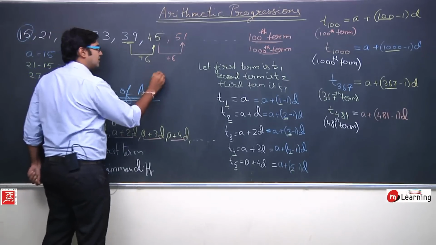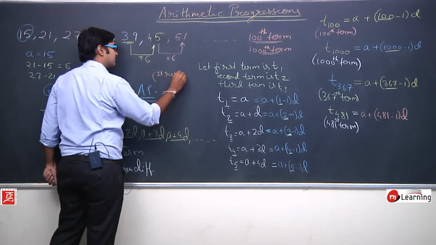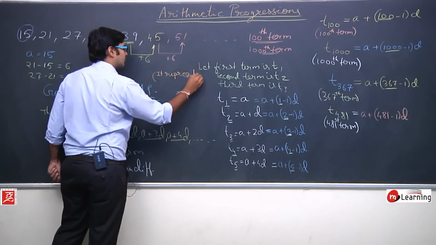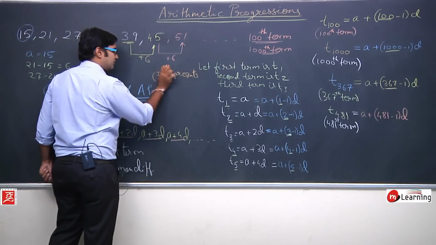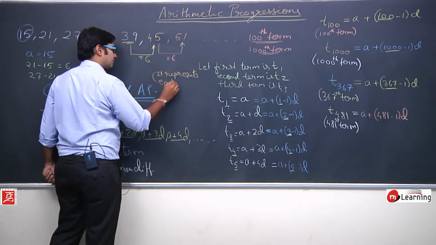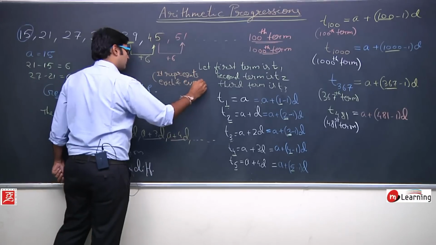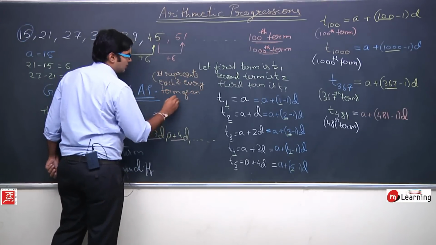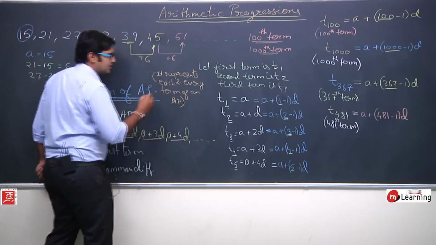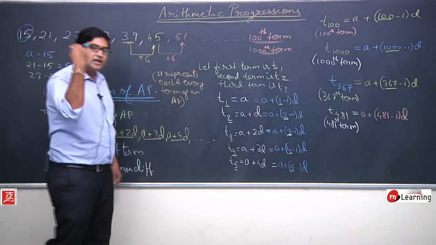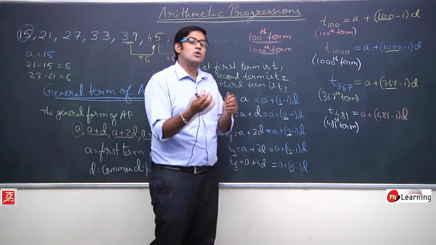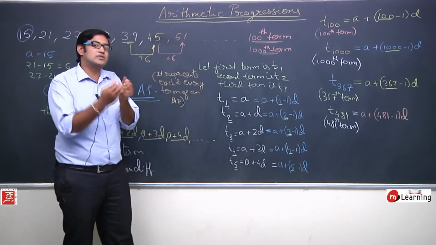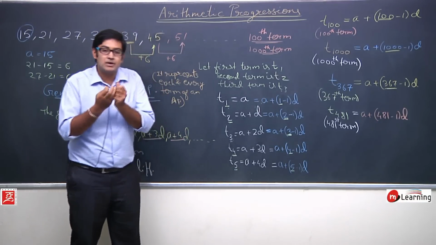General term means it represents each and every term of an AP. किसी भी AP के कोई भी टर्म को मैं एक फॉर्मूले से रिप्रेजेंट कर सकूं, इस तरह का एक ऑब्जर्वेशन, इस तरह का एक फॉर्मूला मुझे बनाना है.